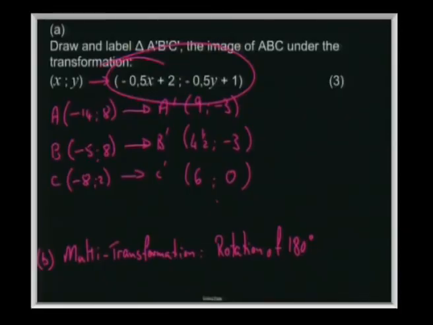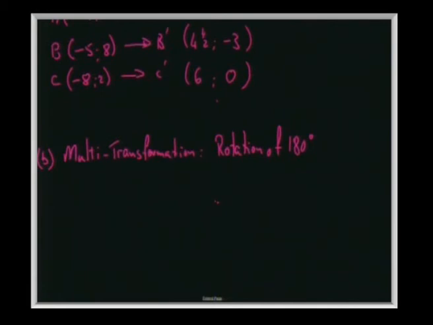What else has happened? What is that 0.5 or a half doing there? Well, that indicates to us that it is multiplied by a scale factor of 1/2. In other words, it has got smaller.